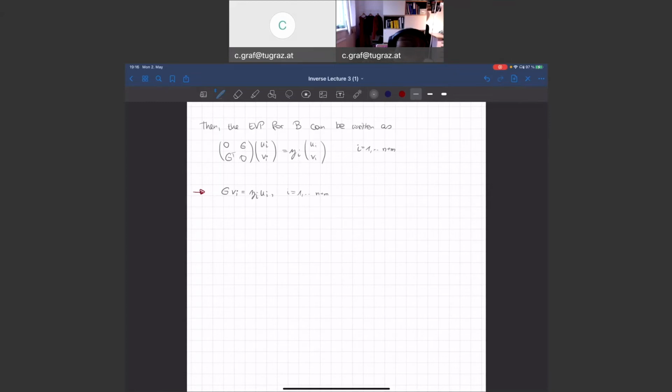And on the other hand, we have T transposed u i is equal to eta i v i, again from 1 to m. And we call this thing here the shifted eigenvalue problem for T.